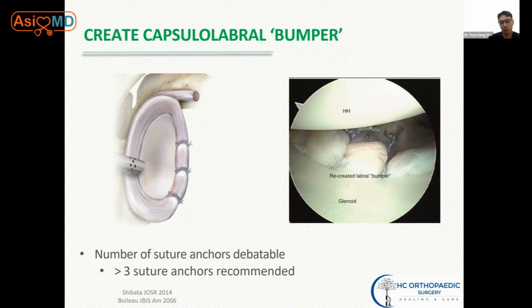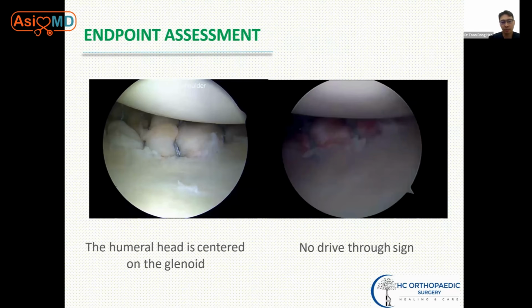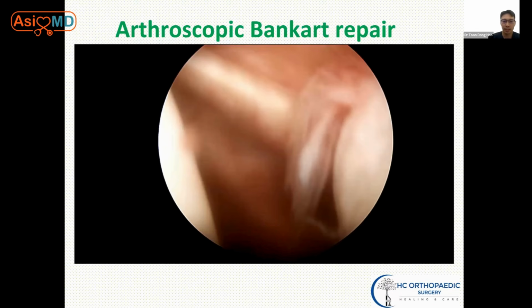And usually we use more than 3 suture anchors because studies have shown that if you do less than 3, there's a higher chance of recurrence. At the end of surgery, we want to see that our humeral head is centered over the socket, over the glenoid, and there's no drive-through of the space that we can see.